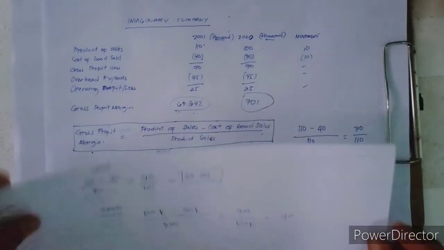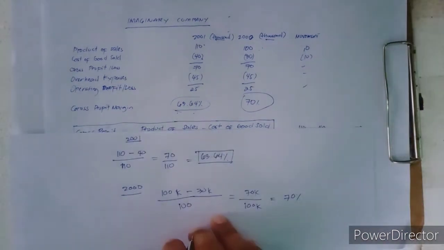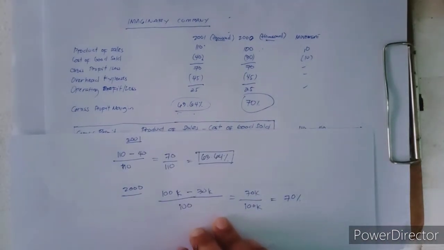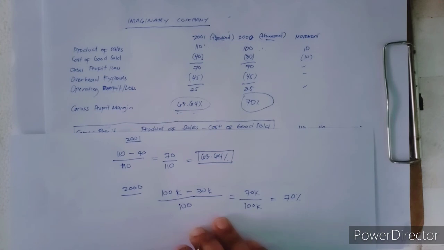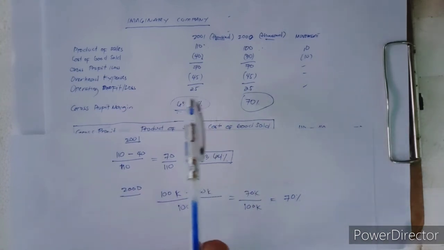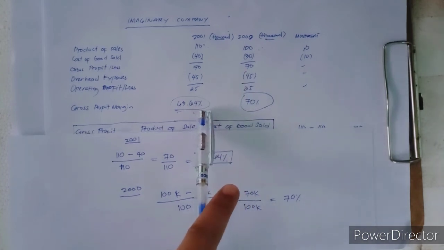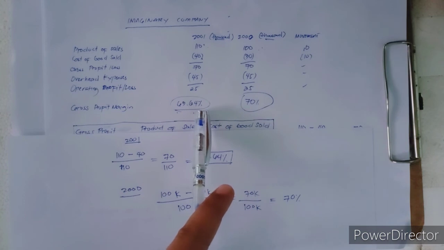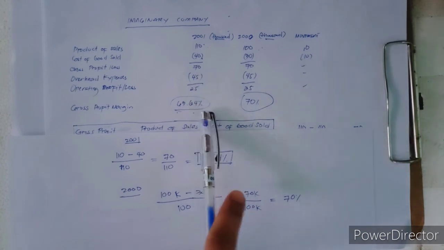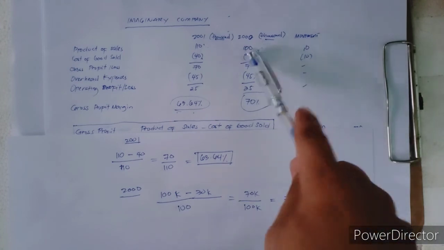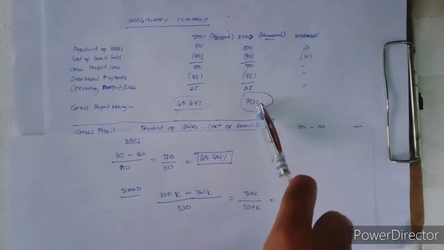So in this case, our gross profit margin in the current year is 63.64%, and from the previous year, the gross profit margin of 2000 is 70%.